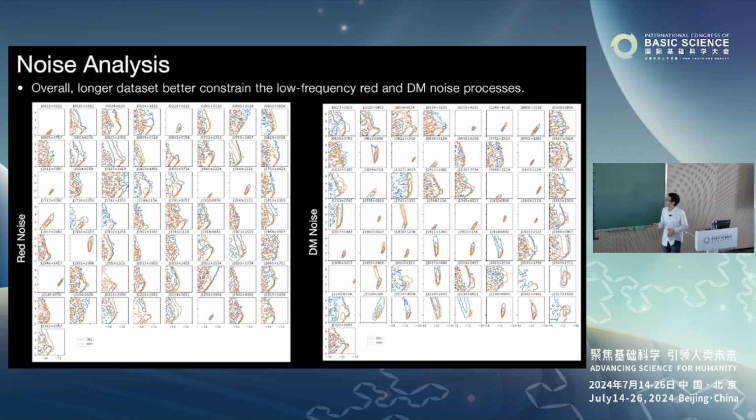We have done some noise analysis for single pulsars with the new data set, and it shows that compared with DR1, we can constrain the noise parameters much better. That is good news for future noise analysis, since in DR1 there is still some covariance between some timing parameters and the noise modeling. So that will be much better in the new data set.